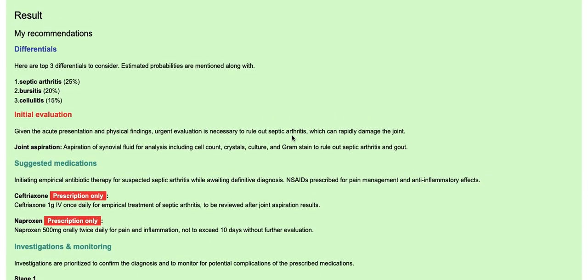And again, I want to remind you that there is no guideline for this particular case. There is a guideline for septic arthritis, maybe for bursitis and cellulitis also, but there is no guideline for this particular case, where the probability of septic arthritis is this percent, bursitis this percent, cellulitis this percent. There is no particular guideline for this. So this is your clinical judgment, how you take the information from different guidelines and then combine them together. And that's what we are doing.